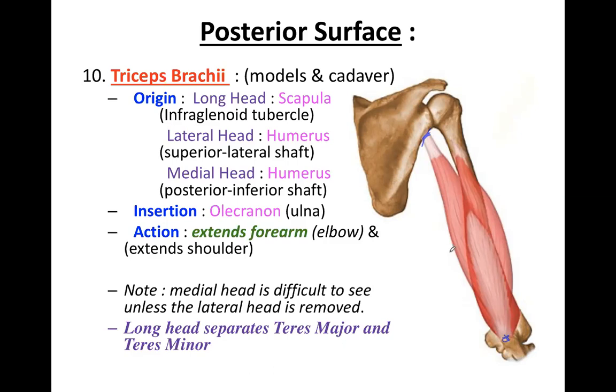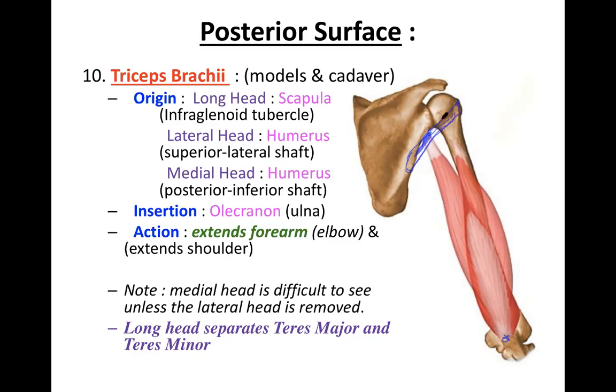All right, so one side note I have down here, I'll show you another figure where we can see it. One of the great things about this long head of the tricep is that the tendon here is actually going to split the teres major from teres minor. So teres minor would be coming in this location and sit essentially on top of the long head of the tricep and basically cover it.